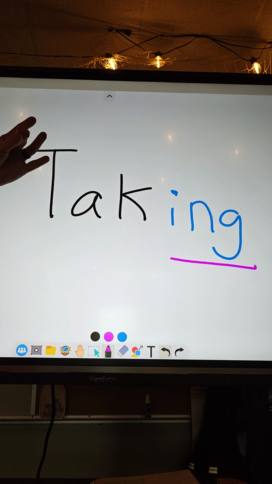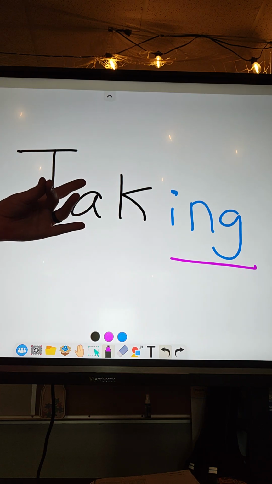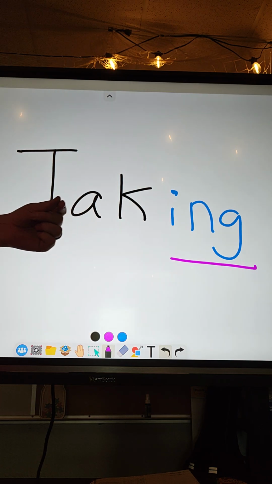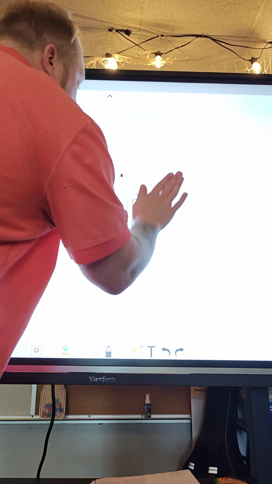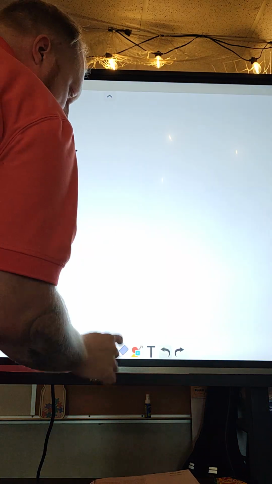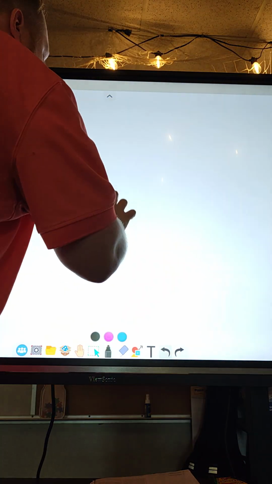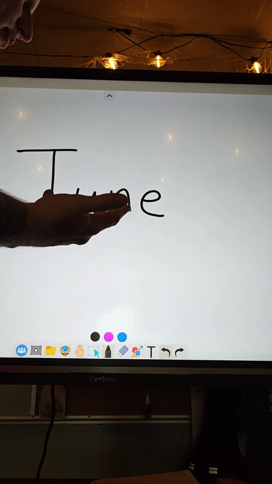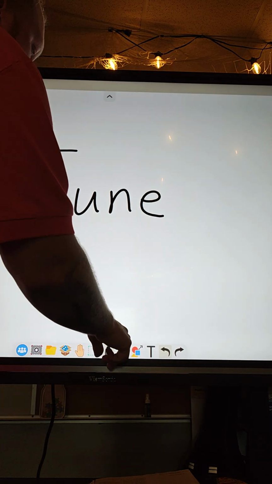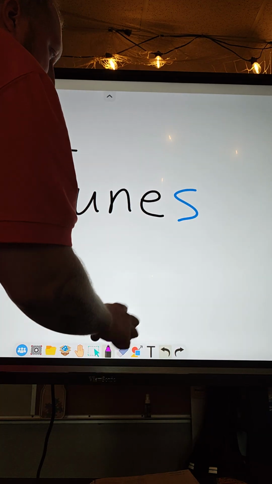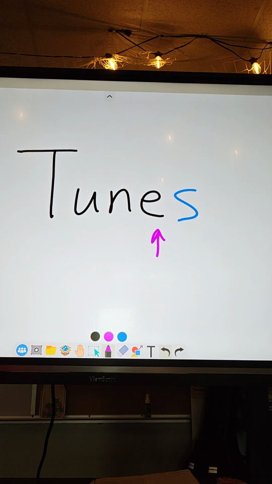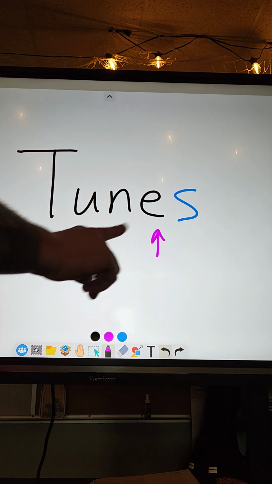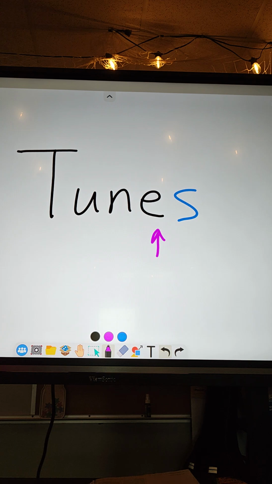If a word ends in an E and you want more than one, you want plural. More than one is plural. Like the word tune. If I want tunes instead of just tune, then just add an S. Because look, you already have an E. You don't need to put ES. It already had an E to begin with.